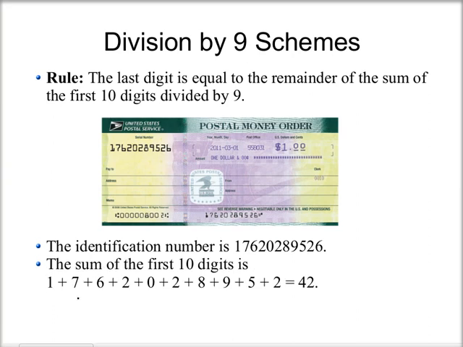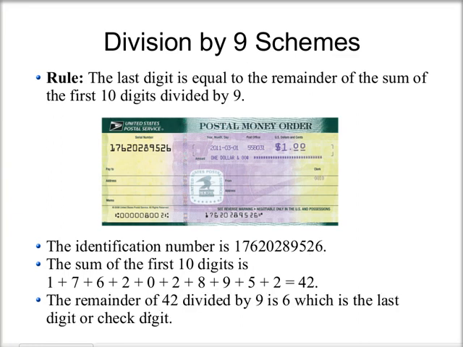So I'm looking at the sum of all of the digits except for the 6 here. And if I do that, I'm going to get 42. Then the rule tells me that the check digit should be the remainder of 42 divided by 9, and that's going to be 6. So my check digit should be 6, which it is. So that's a valid identification number for a money order.